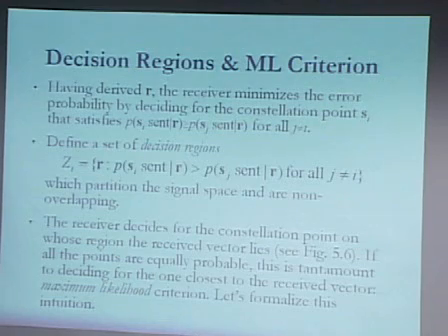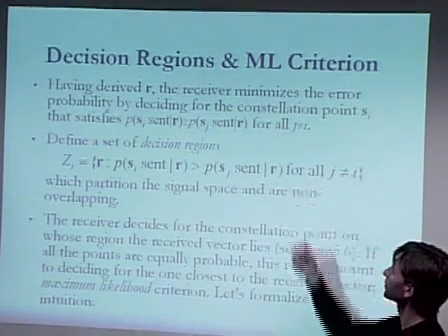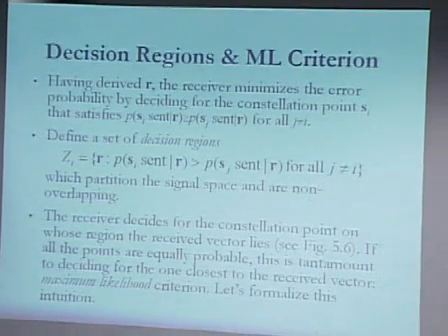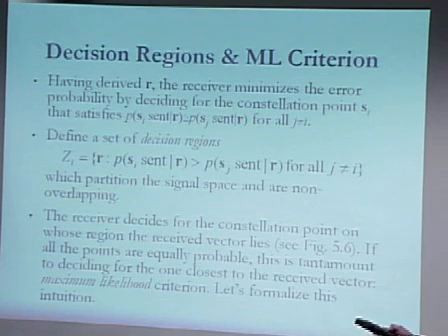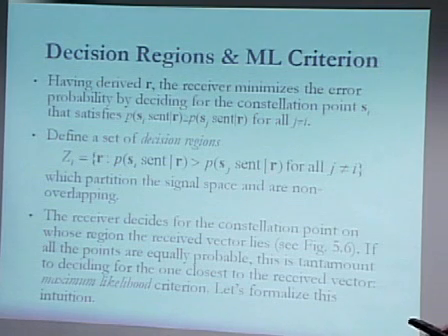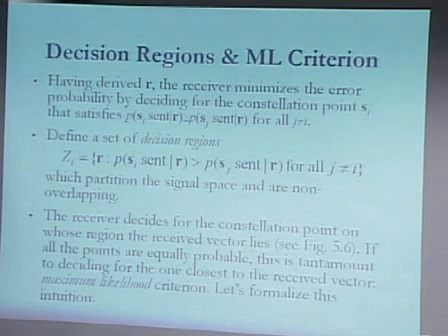And to achieve this, we're going to define a set of decision regions that partition the signal space and that are disjoint. So what that means is that we want to define some decision regions such that every possible received vector, received point, belongs to one and only one of these regions.